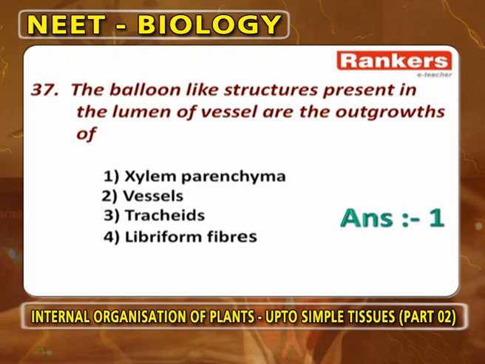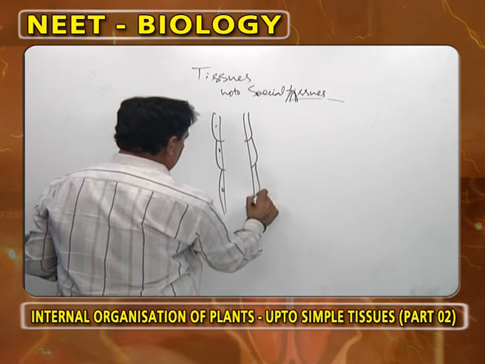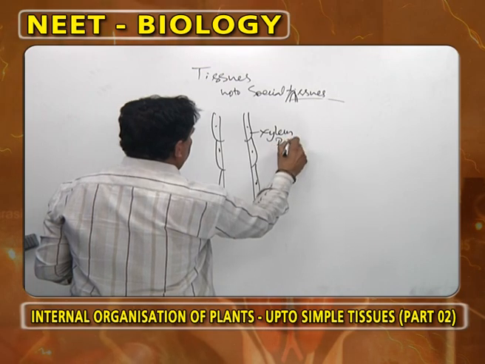The balloon-like structures present in the lumen of a vessel are the outgrowths of... Just now I told this is a xylem vessel. On both sides of the xylem vessel you will find living tissue of the xylem called xylem parenchyma.